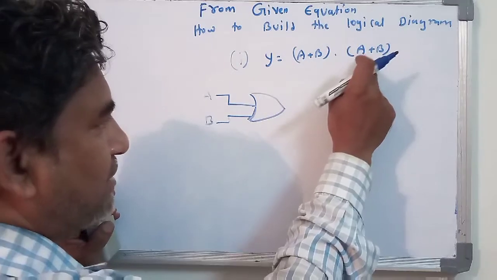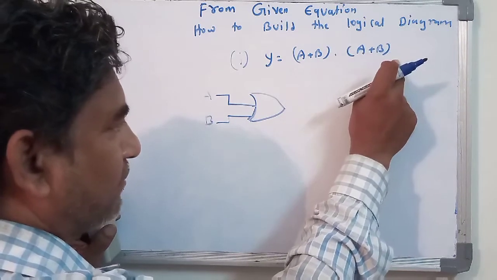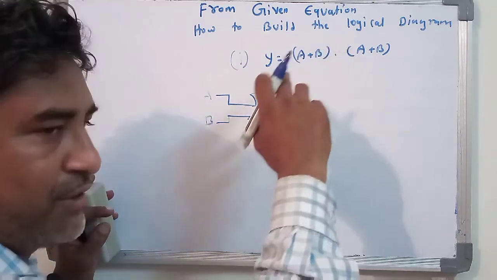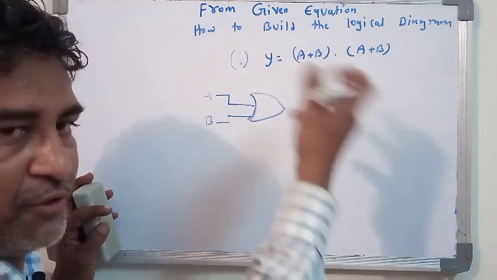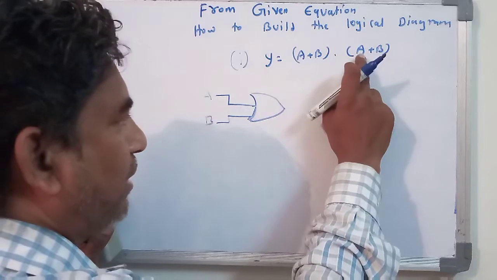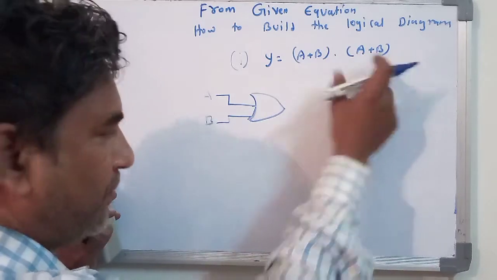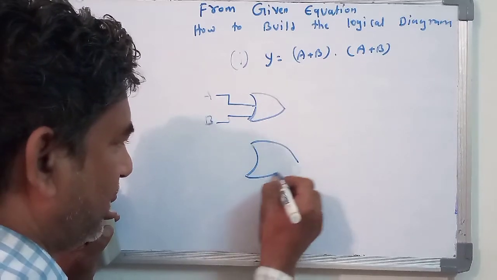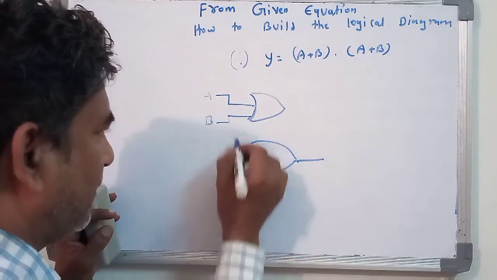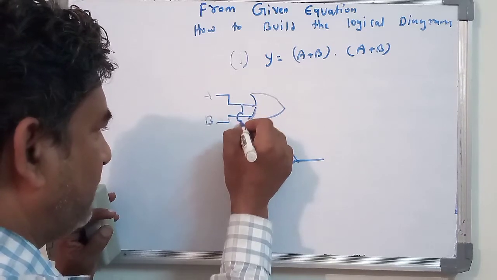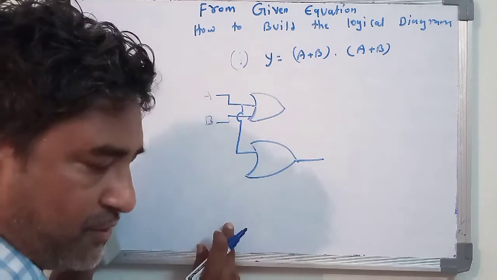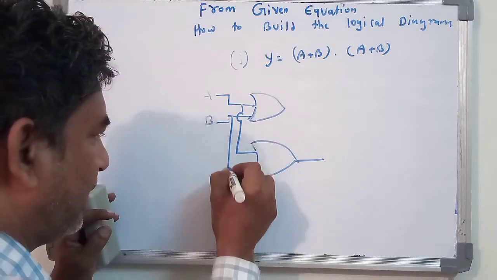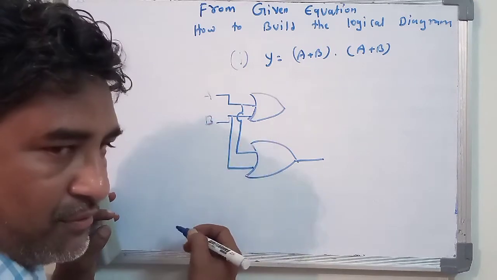Okay. Then the second, again a plus b is there, but in between there is a dot. This dot has to be considered later, according to BODMAS. So a plus b is another bracket, and the bracket we solve first. This is again an OR gate. The a terminal is connected to the first input of the second gate, and the b terminal is again connected to the second gate.